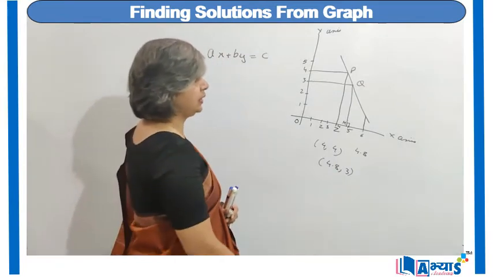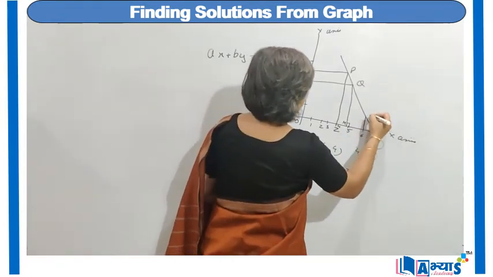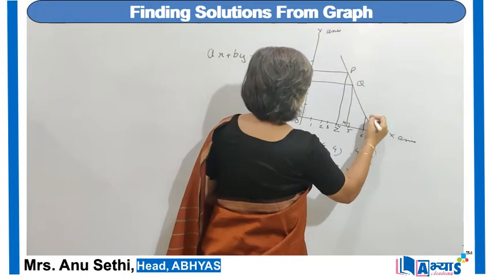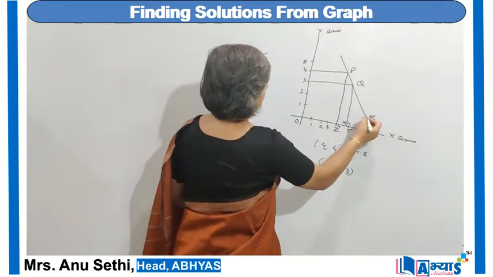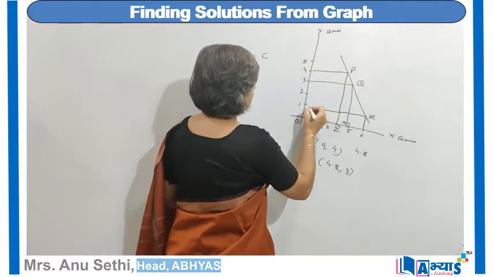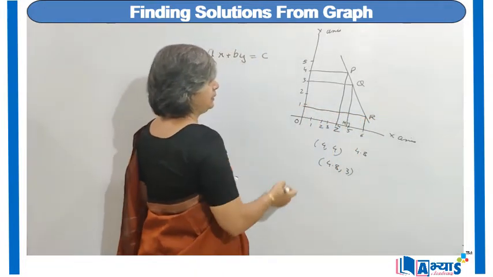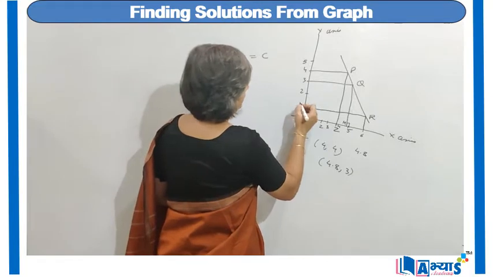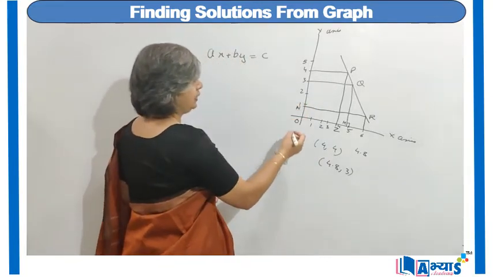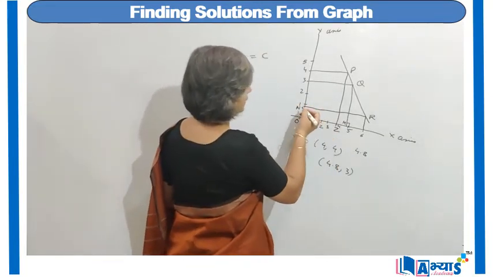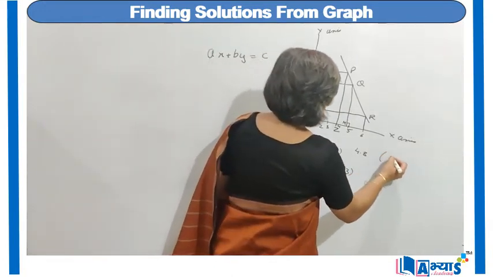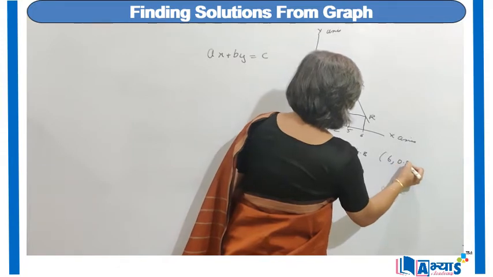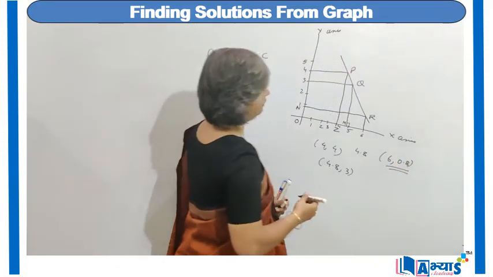Let us suppose it cuts the line at point R. From R we will draw a line parallel to the x-axis. Suppose it meets the y-axis at point N. So the value at N is, let us suppose, somewhere around 0.8. So we can say the solution will be (6, 0.8). So this is how we can find the different solutions.